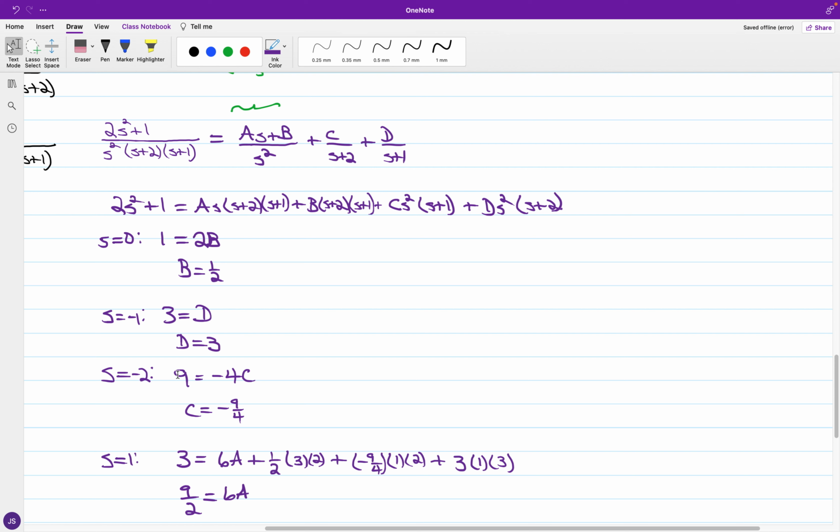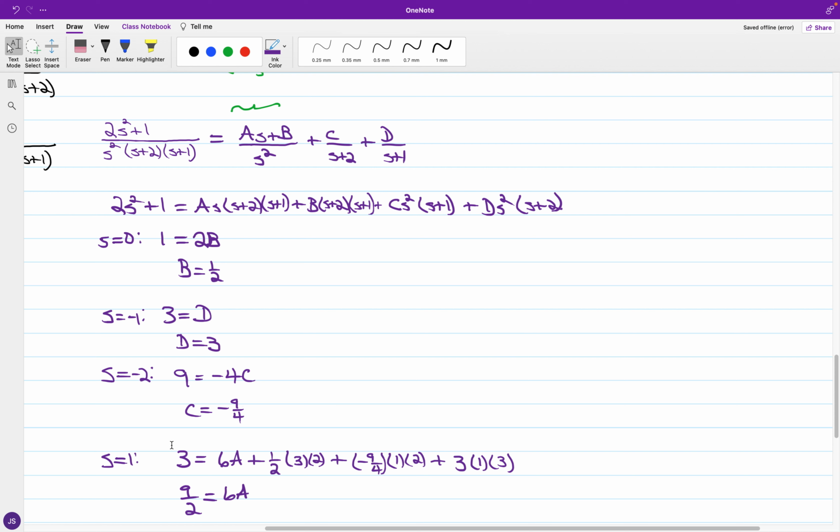And if I set s to -2, those expressions containing s plus 2 will go completely out, and the one that remains we have in the variable c, and in calculating, we have that c is equal to -9/4. Okay, so again, left hand side you got s at 0, so you have 1, and 2 times the square of -1 plus 1 is 3, -2 squared is 4 times 2 is 8 plus 1 is 9. So this is where I get these values.